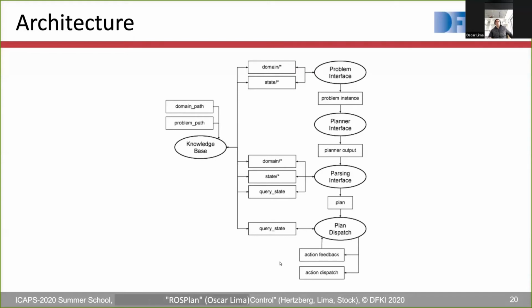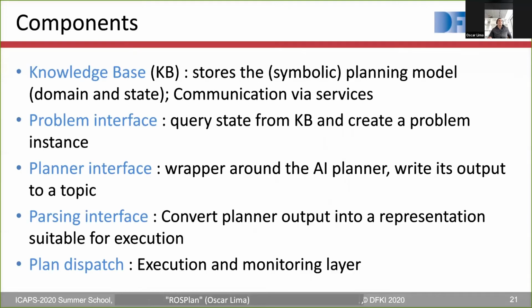So this is just a general overview, but we will go a bit more in detail with some of these components. So, like I said, the knowledge base first of all stores the symbolic planning model and the current state of the world. The way you communicate with the knowledge base is via services.